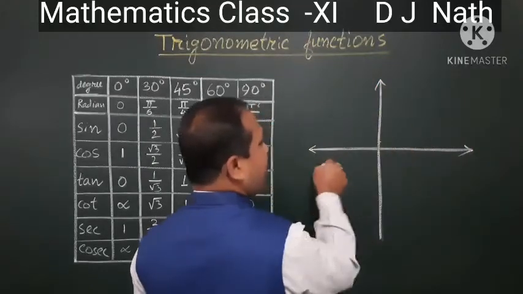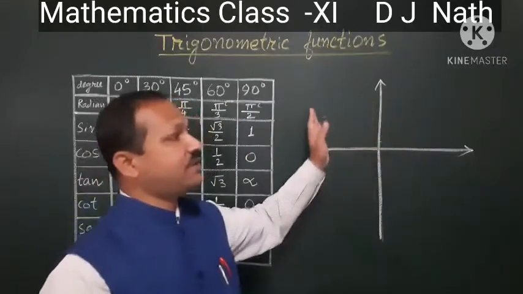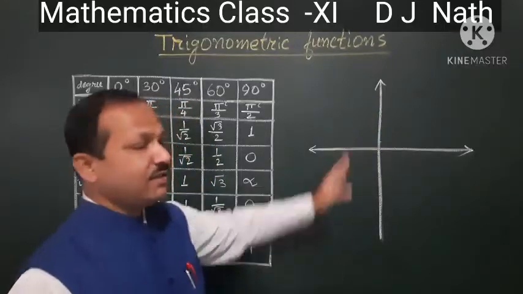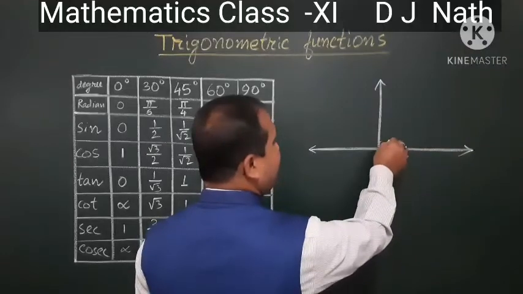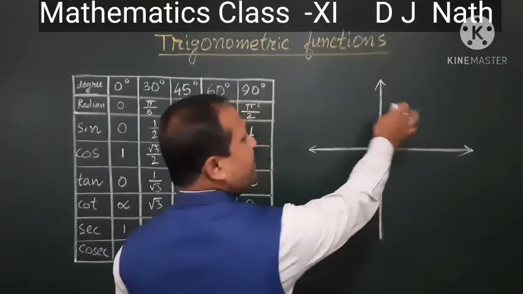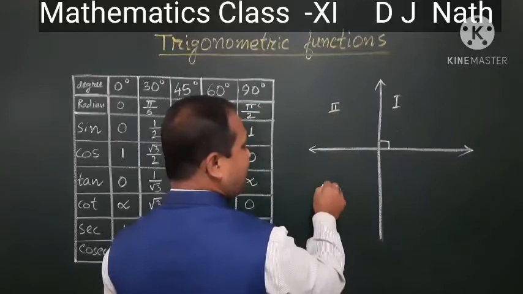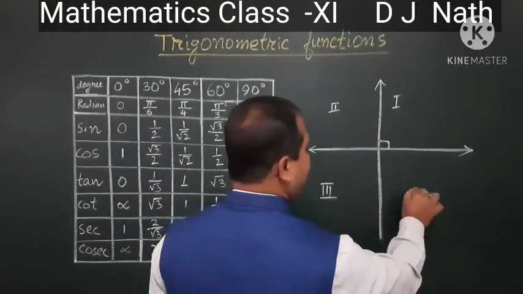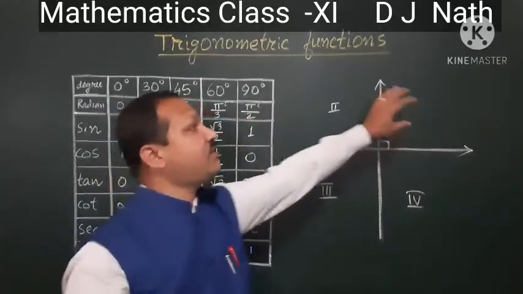Only the first quadrant values we have learned here. 0 to 90 is the first quadrant. This is the second quadrant. This is the third quadrant. And this one is the fourth quadrant. You already know these things. Now only the first quadrant values we have learned.